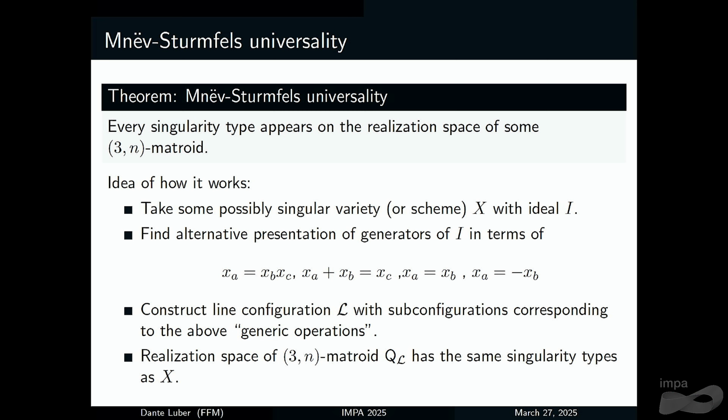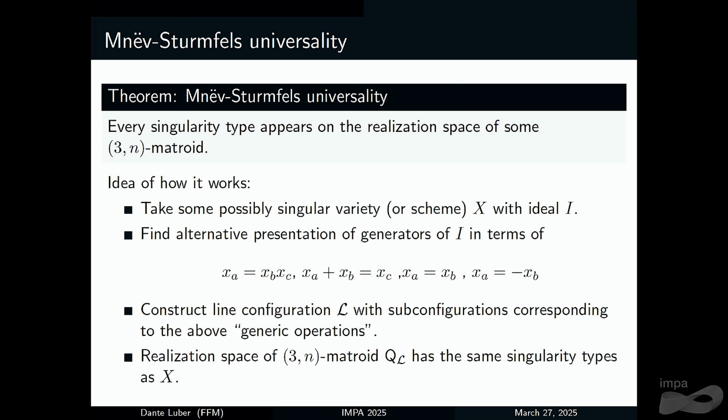And how does that work? Well, you take a scheme or a variety that has some defining ideal, and then you find a way to express the generators of that ideal in a bigger polynomial ring, using just what they call generic operations. So like addition, multiplication, negation, things like this, yeah?